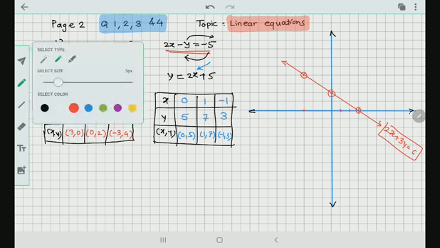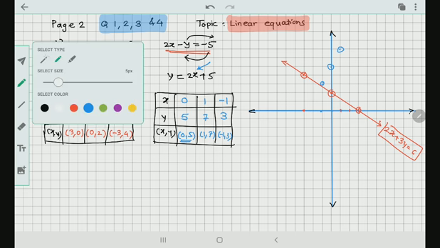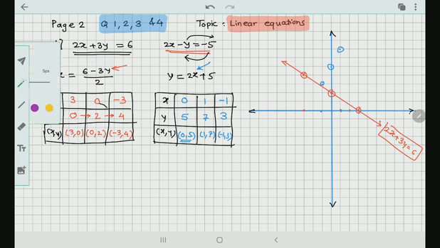Second equation: 0 comma 5, on the y-axis. Correct. 1 comma 7, 1 and 7, yes, here it is. Minus 1 comma 3, minus 1 and 3 is right here. And now I can go for this line as well.